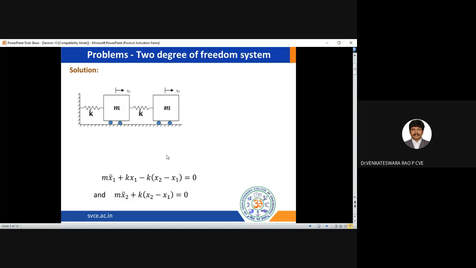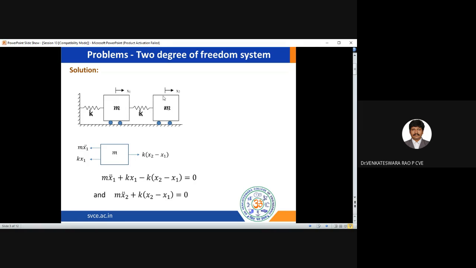Now if you draw the free body diagram of each mass, the first mass is M here. On the left hand side I have the spring force kx1 and the inertia force m x1 double dot, and on the right hand side I have another spring with stiffness k. But I already told you that when you consider this second spring, it is connected to two masses, the second mass and the first mass.